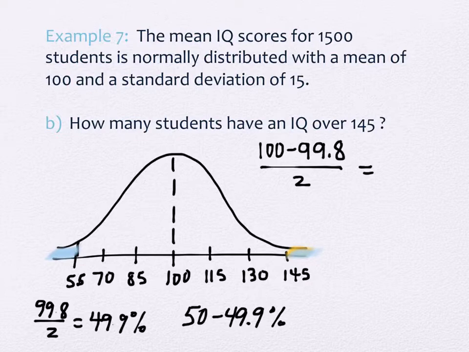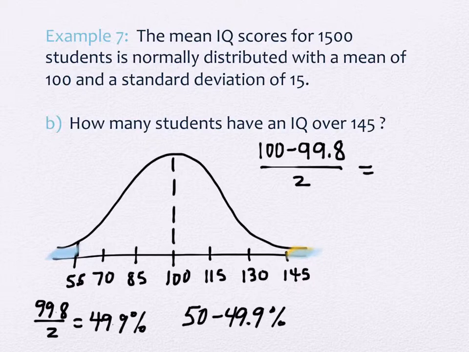Okay, do you guys see what she did? It's the same math. She did a division by 2 and a subtraction, just in a different order. She considered only the right half of the graph, so it was 50%, and then she used that one piece that was 3 standard deviations away, which was half of 99.8.